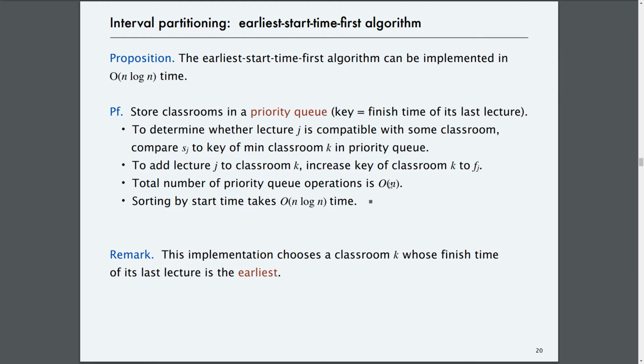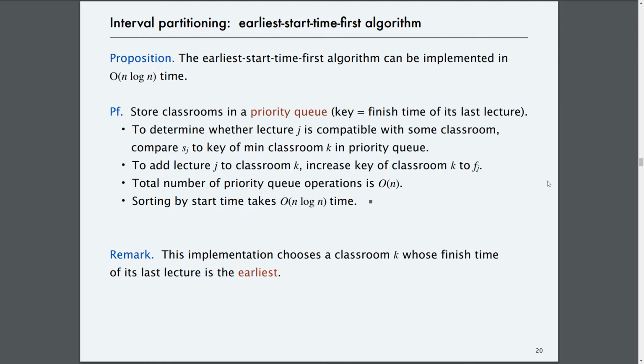That is the classroom which has its final lecture ending the earliest. When we add the lecture to that classroom K, we have to remove the old key, which we compared with, and add a new one with the finish time of our current job.